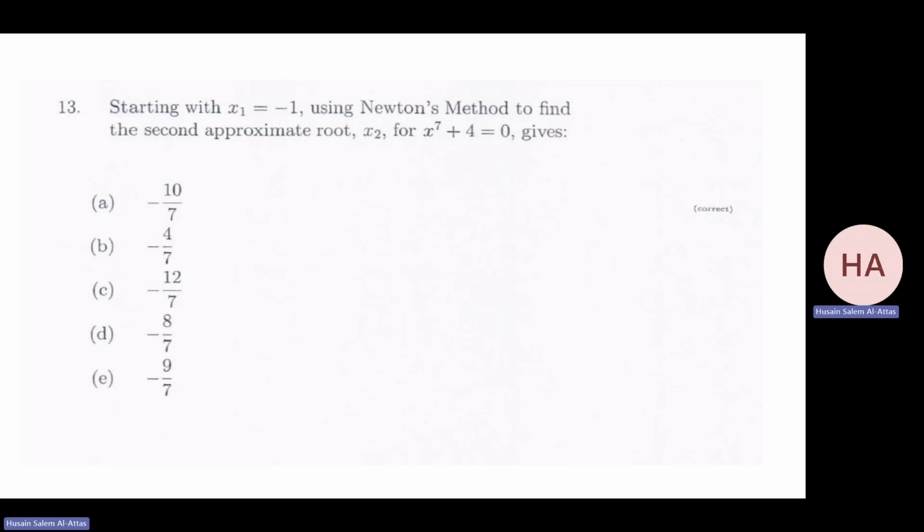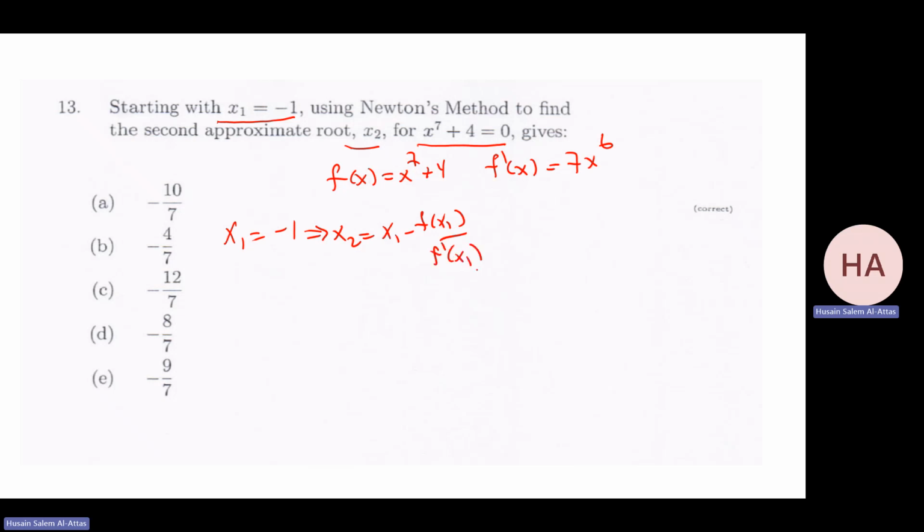Starting with x1 equal this, find x2 for this function directly. What will be f prime? It will be 7x to the power 6. I have x1 equal minus 1. That means x2 is x1 minus f of x1 over f prime at x1.